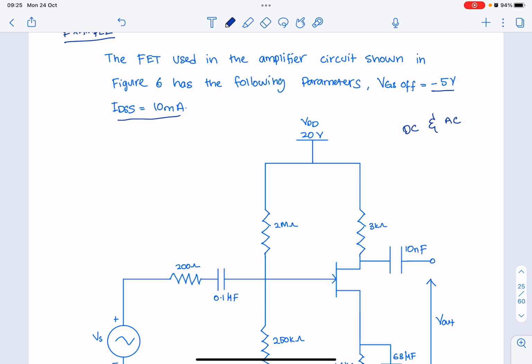So the typical parameters that you need to find out are what is your ID, what is the VGS, and what is your VCE. So these are the typical parameters that you must find.